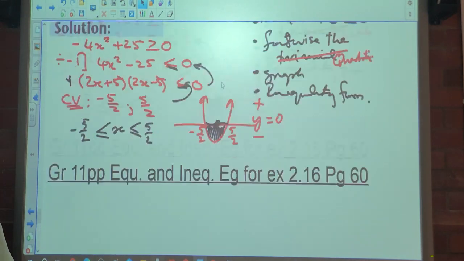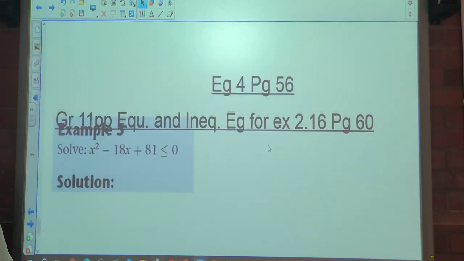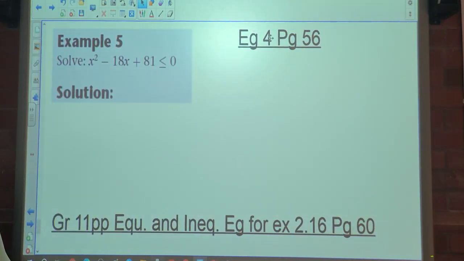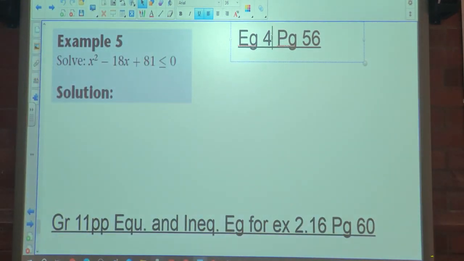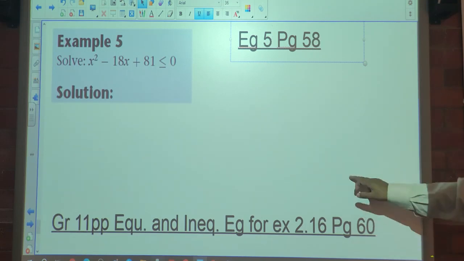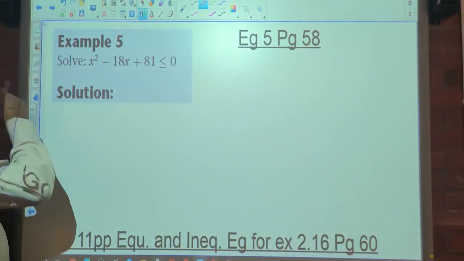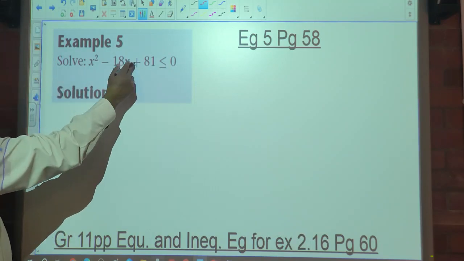Number 5. Example 5 is on page 58. Right. So, is this in standard form? Yes. Factorize a trinomial.